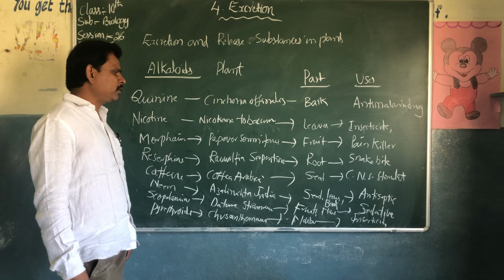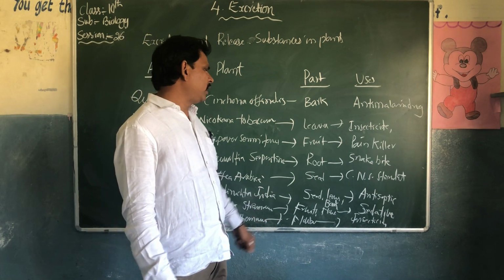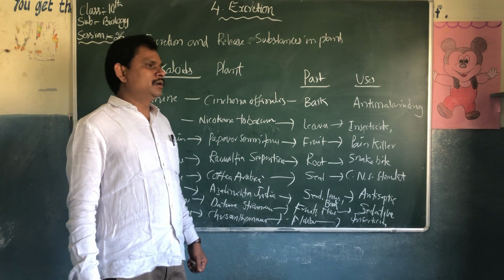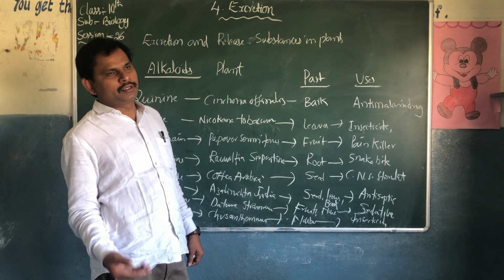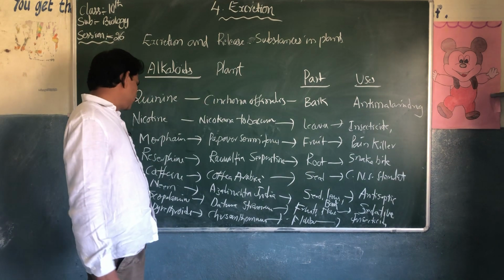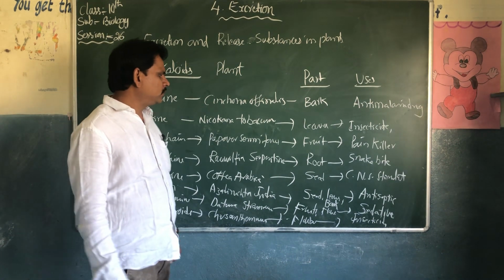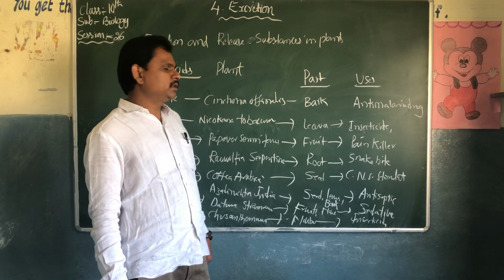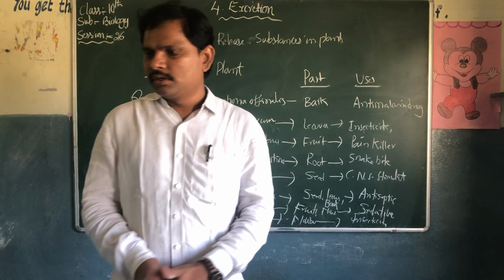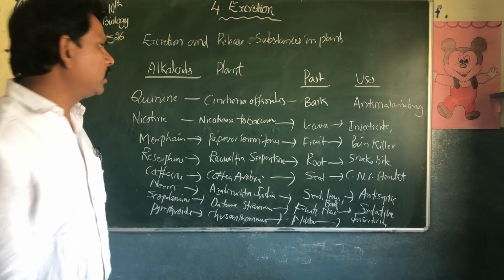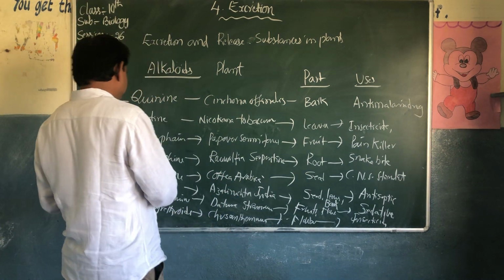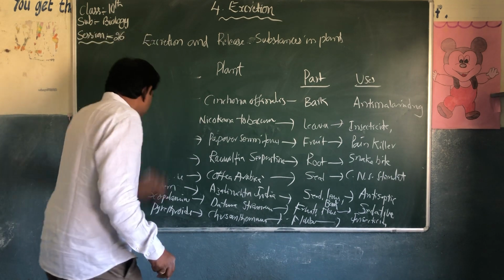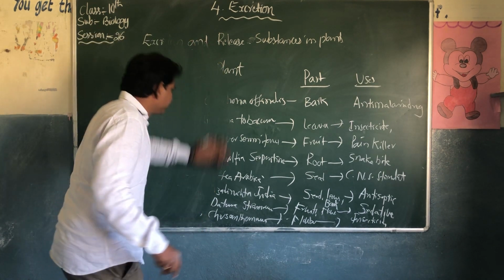Scopolamine, Datura stramonium, fruits and flowers, is prepared as a sedative, inserted during cesarean operations. Pyrethroids, chrysanthemum flowers, are used as insecticide. This is very important for 4 marks and 2 marks questions; we can expect it from this table in the textbook.